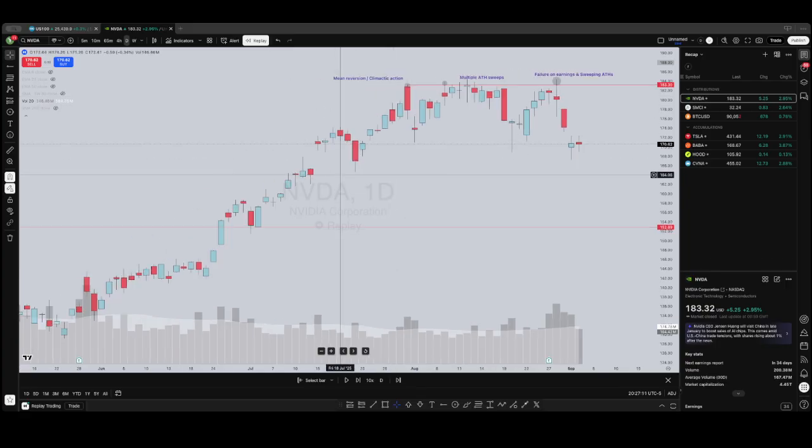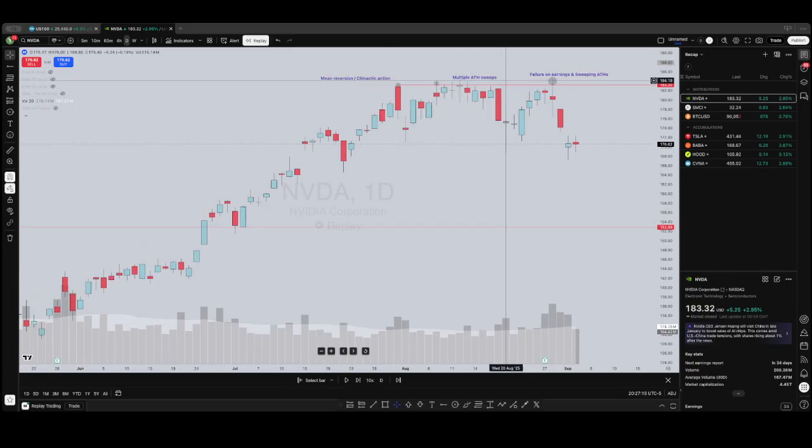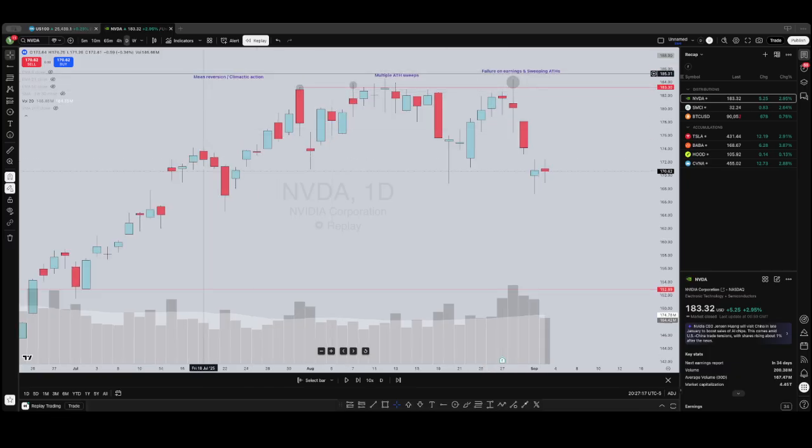So you ask yourself these two questions. What was price doing prior to this all-time high test? Price was very extended to the upside. It looked very climactic up here. And then when volume started to pour in, although it wasn't that high here, it started to pick up on earnings, price did not like that earnings test.